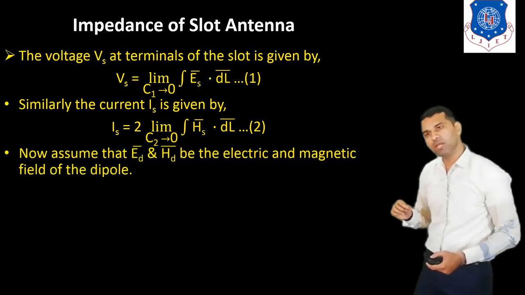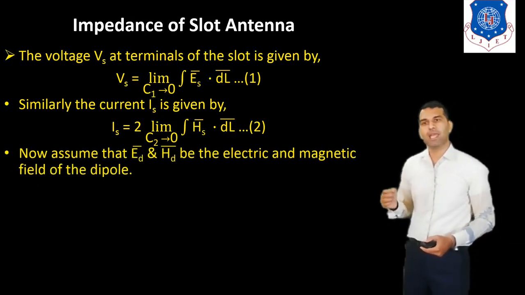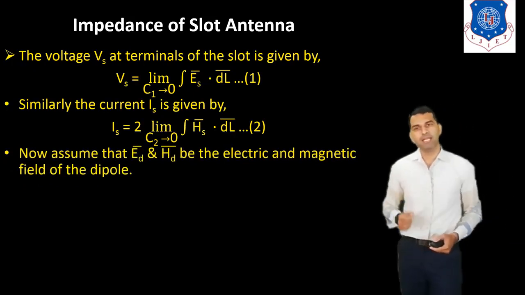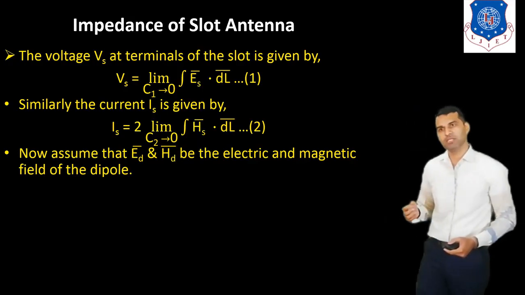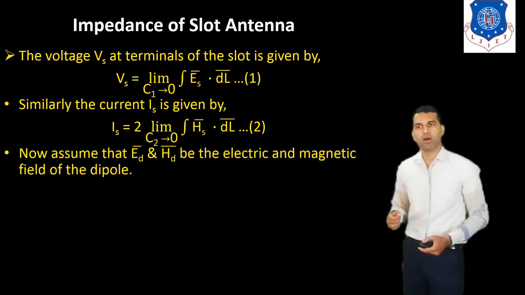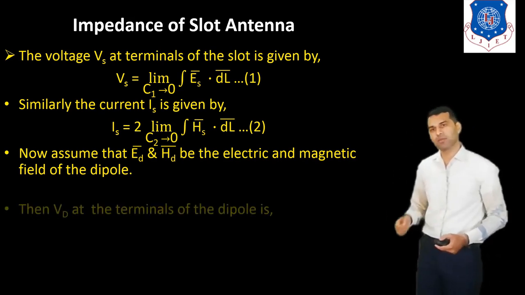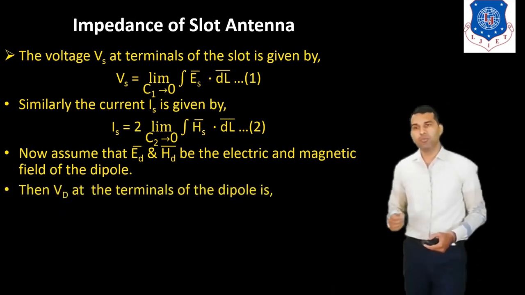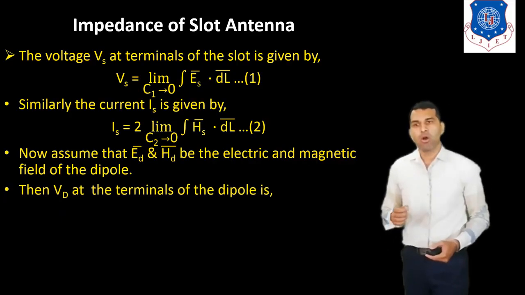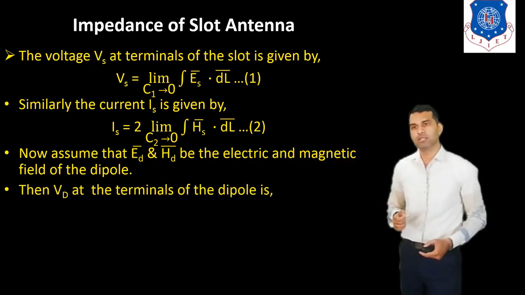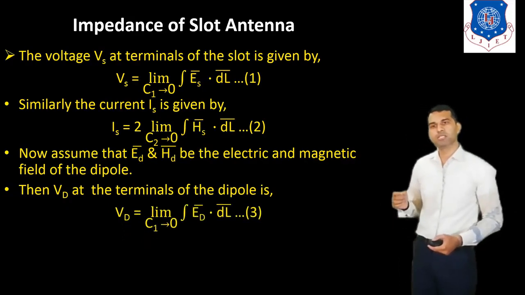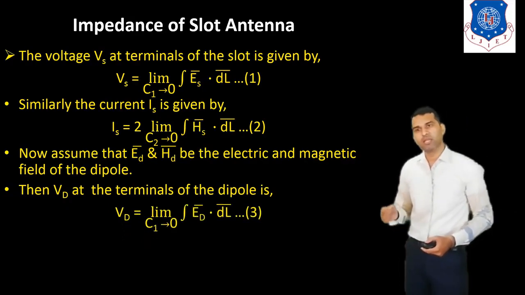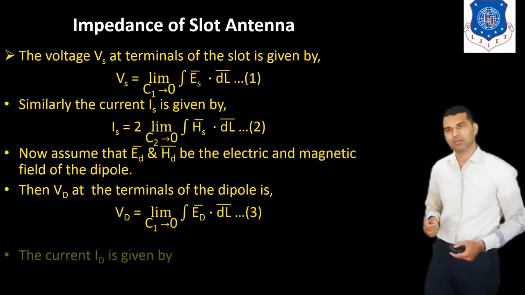Now, assume that Ed and Hd are the electric and magnetic fields of the dipole. That means Ed is the electric field of the dipole and Hd is the magnetic field of the dipole. Then the voltage Vd at the terminal of the dipole is Vd equals the limit as C1 tends to 0 of Ed dot dl.